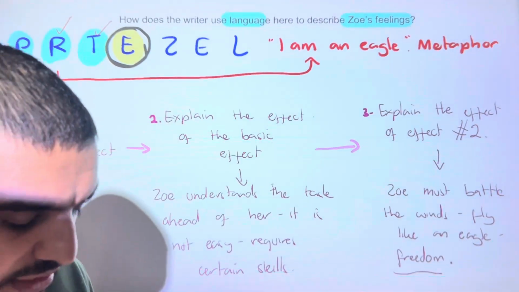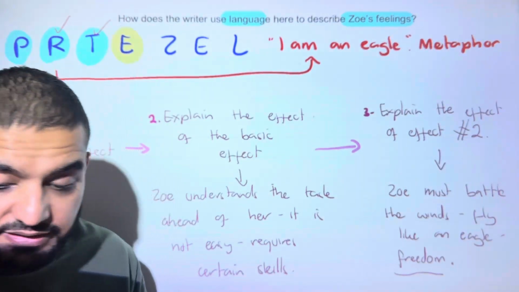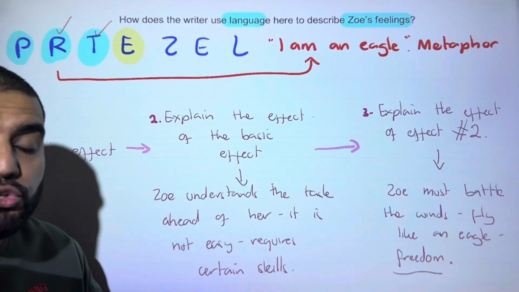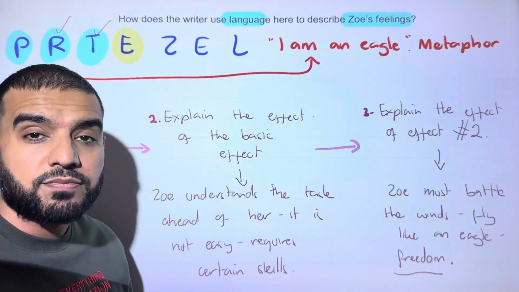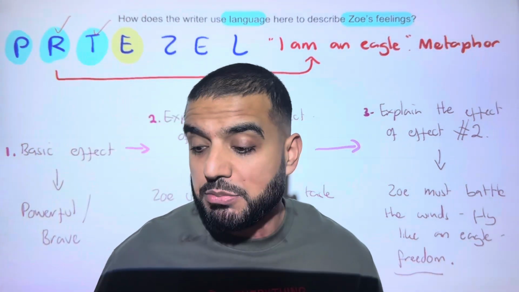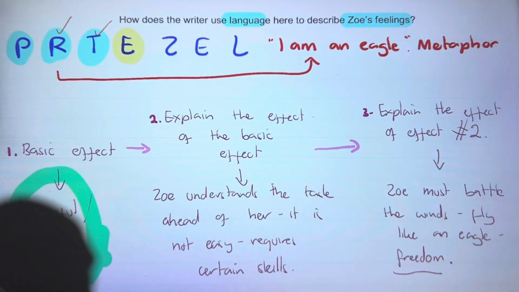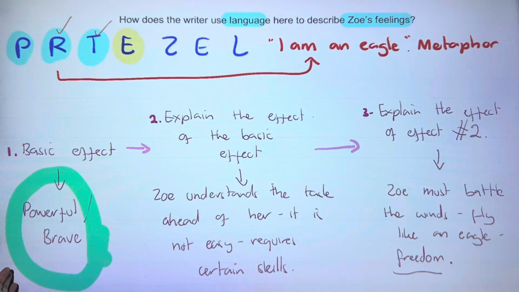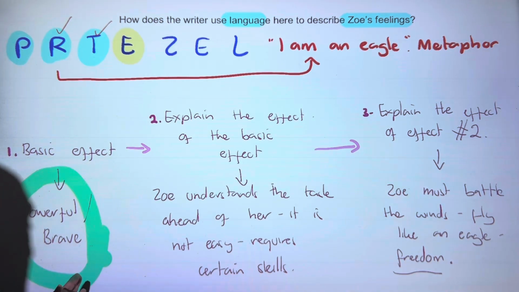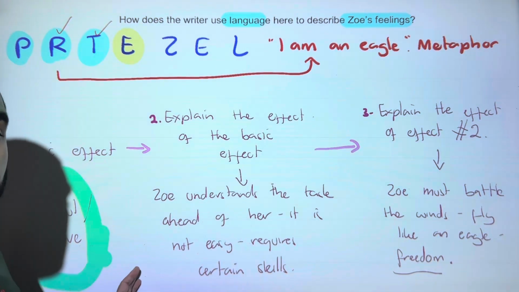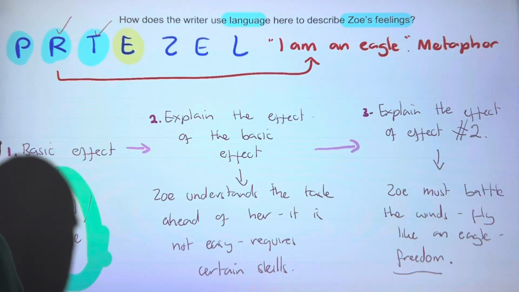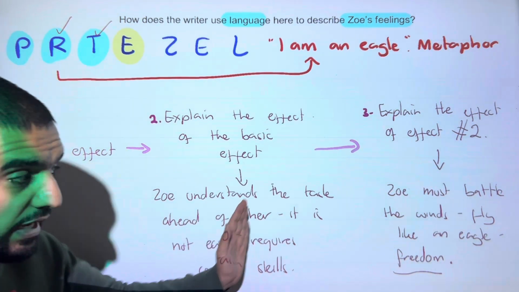But the beauty of splitting it up, guys, is that it allows you to write a decent amount. The majority of students in the country will do that and then expect a grade 9. They'll write like one line. The metaphor shows that Zoe's brave. Okay, and you need to carry on and carry on.